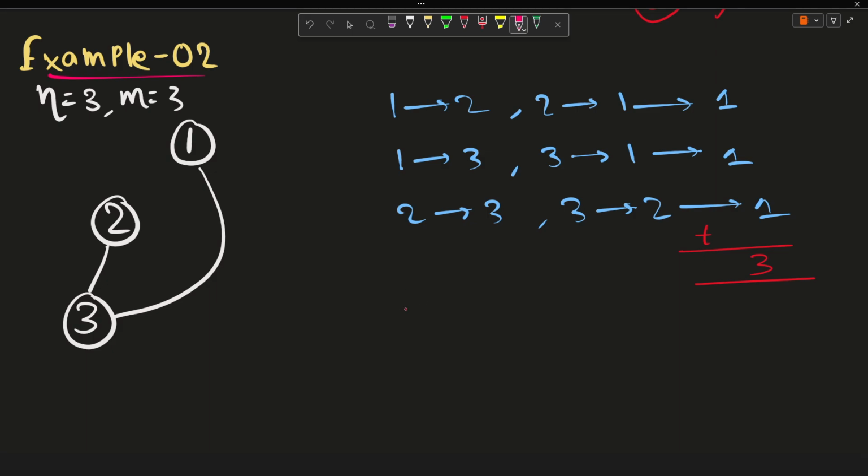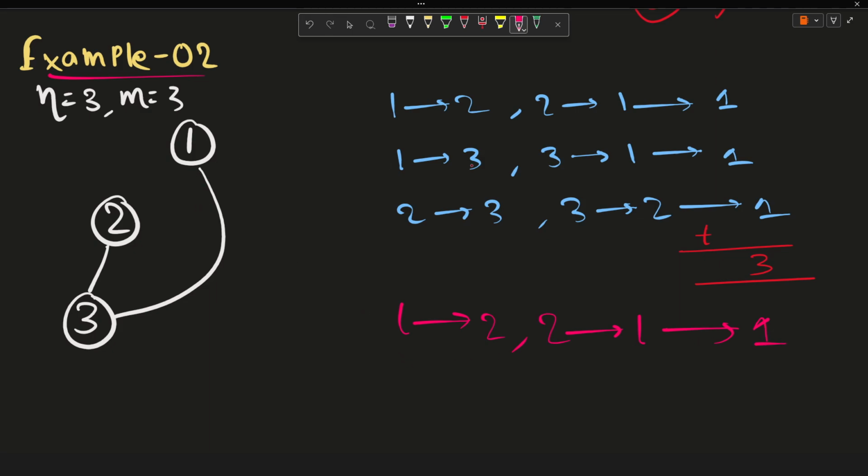If I try to go from 1 to 2 as before, I will not be able to use this path because it does not exist anymore. But if I go from 1 to 3 and then from 3 to 2, I will be able to go from 1 to 2, and thereby from 2 to 1. So this is forming one pair.